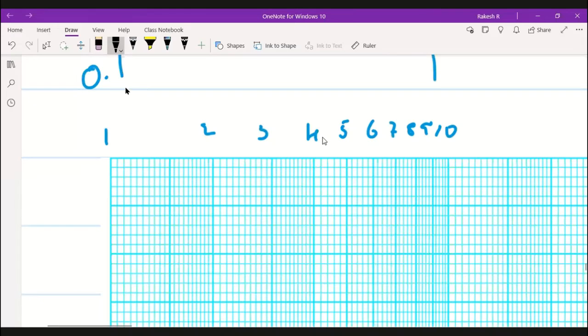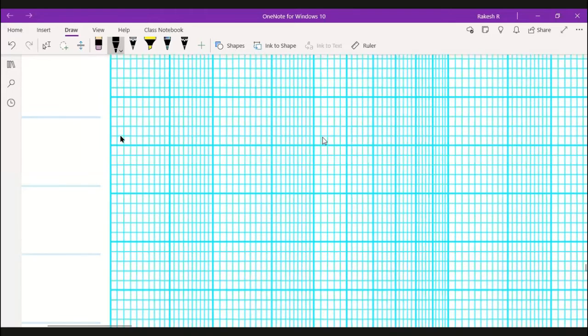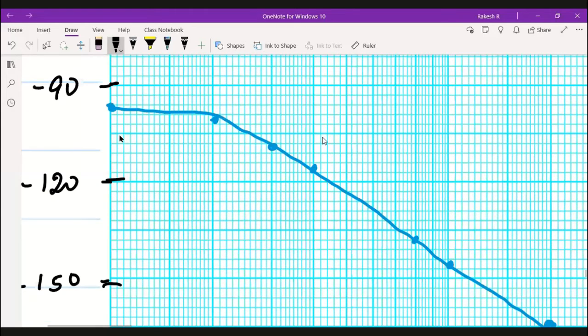From here to here I have 5 divisions, but my graph length is very large, so I have taken 2 divisions as 30 degree here. Here also I have 4 or 5 divisions.